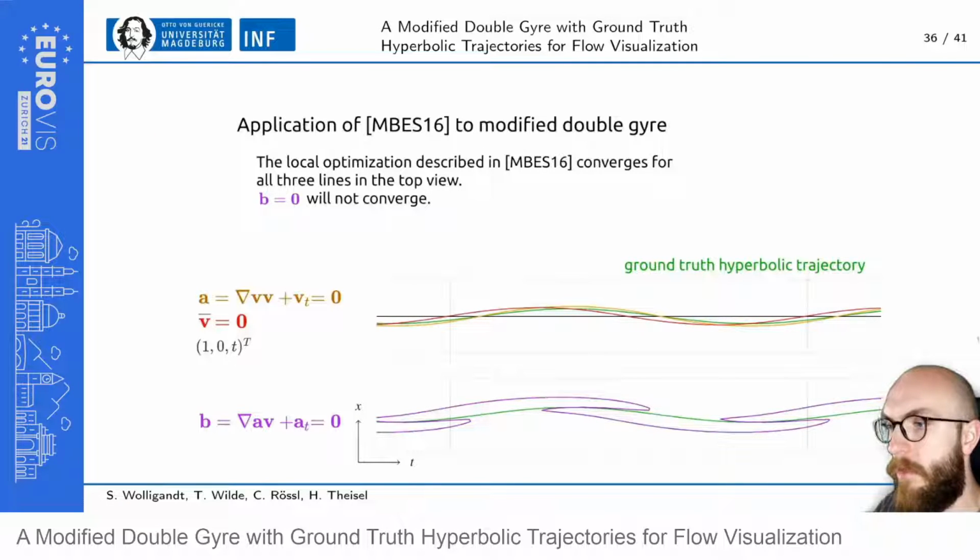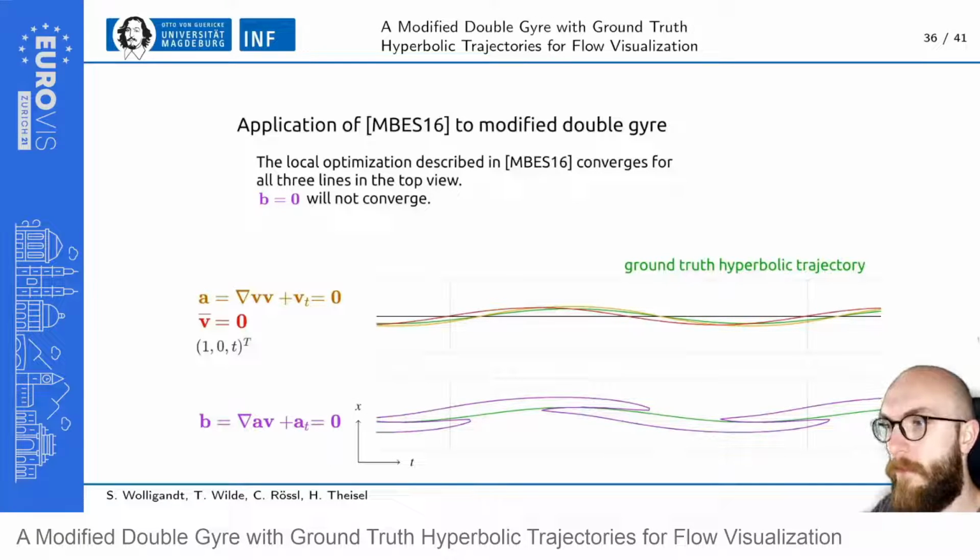Here is an animation of the incremental optimization. You can see the xt plane where the hyperbolic trajectory is located. In orange you can see the initial candidate line where the acceleration vanishes, this is here. And in violet you can see the second candidate line where the jerk vector vanishes.